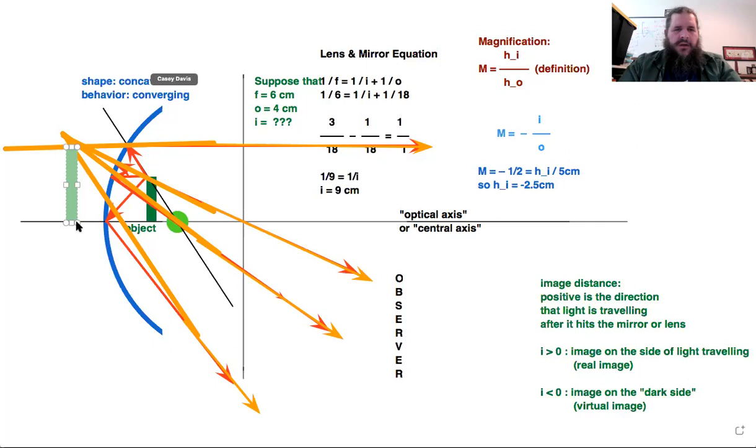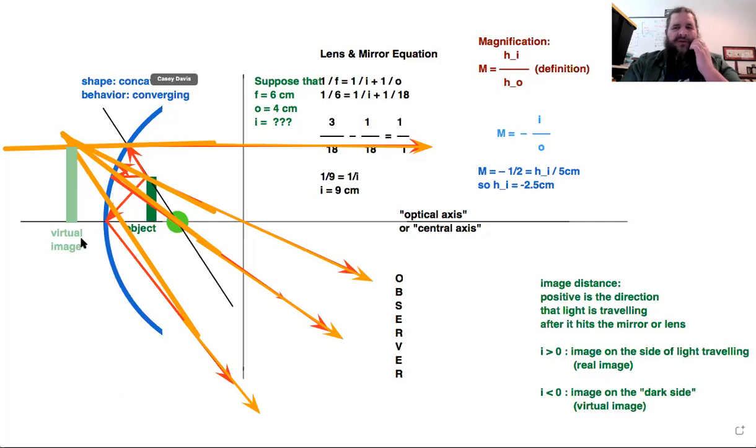And what kind of image would we call that, if the rays of light seem to come from that point but didn't actually pass through that point? Yeah, this would be a virtual image. It is an image because that's where the final rays of light seem to come from. It counts as a virtual image because the rays of light didn't actually pass through that point. We had to backtrace to get there. So that would be the virtual image.